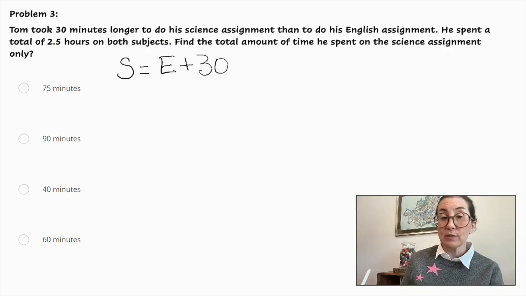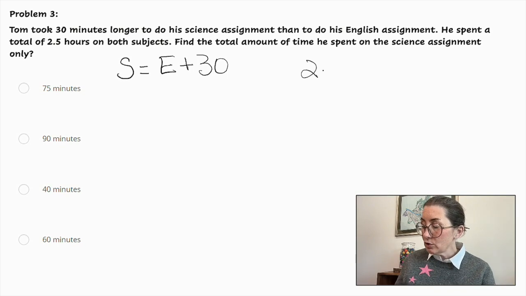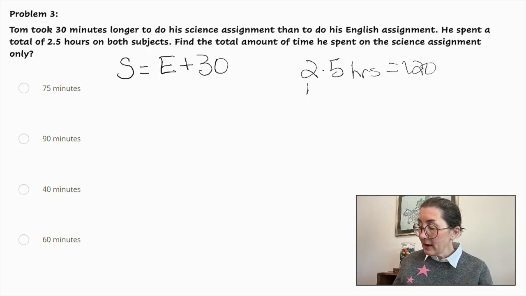So science equals English plus 30. And we also need to find how many minutes is 2.5 hours. So 2.5 hours is equal to 2 hours is 120 minutes, and 0.5 hours is 30 minutes. So now we're dealing with 150 minutes.